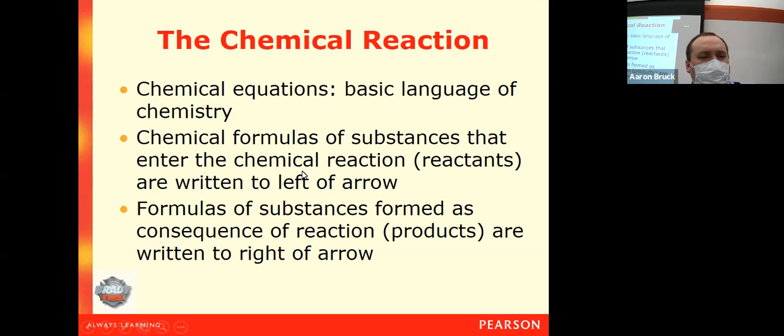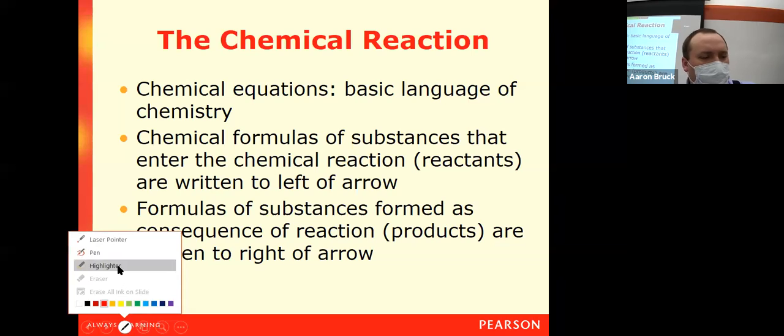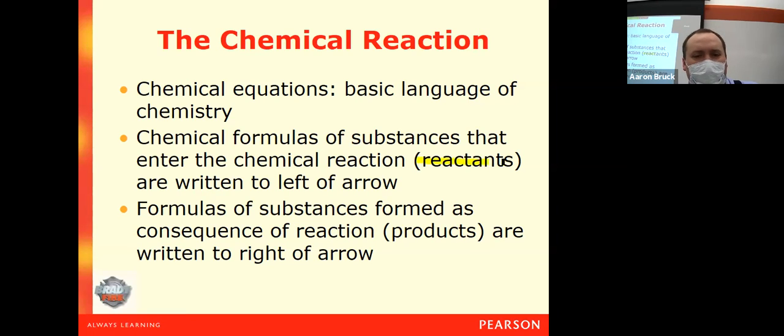The things that we start the chemical reaction with, from now on, we will refer to those as reactants. Those are written to the left side of an arrow in the chemical reaction. The chemical formulas for the substances that ultimately form, the stuff that we end a chemical reaction with, things that we will refer to from now on as products, are written on the other side of the arrow.